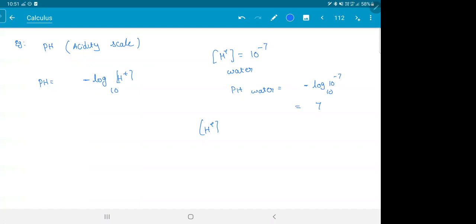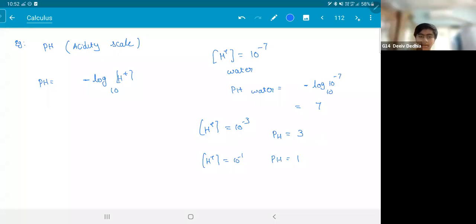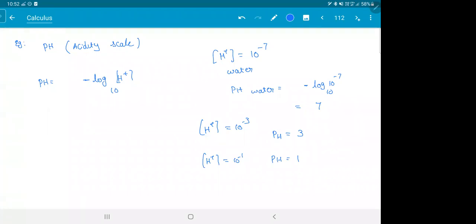If the H plus concentration is 10 power -3, then the pH will be 3. Tell me one thing. Suppose you have 10 power -1, pH is 1. How strong are these two acids? What is the difference in acidity? Which acid is stronger, 1 or 3? 1 is stronger. Getting it? How strong is 1 compared to 3? Generally, people think 1 and 3 should be 3 times, na?